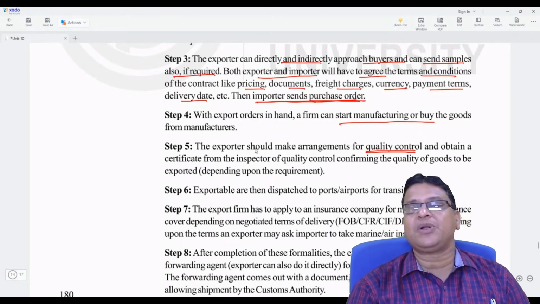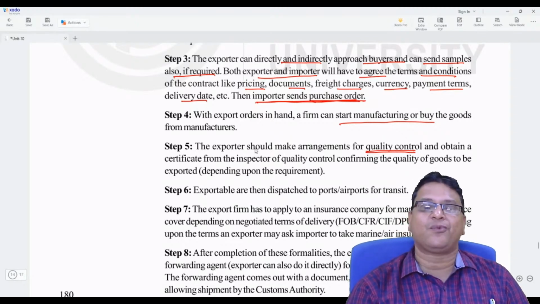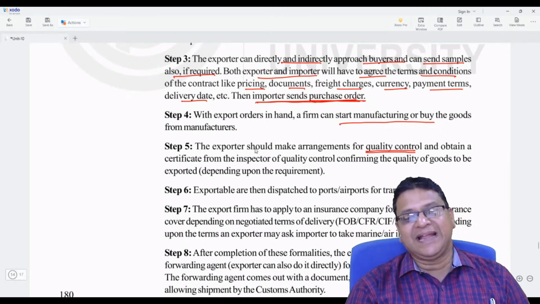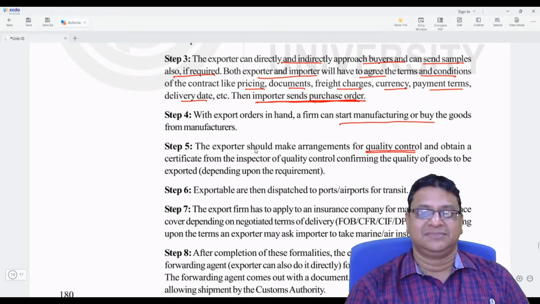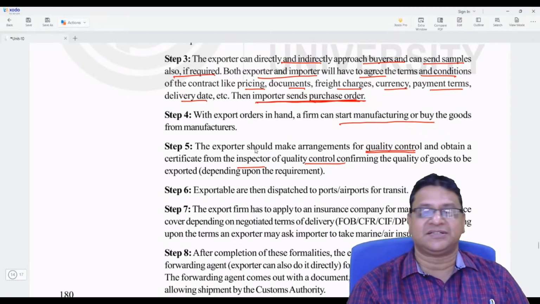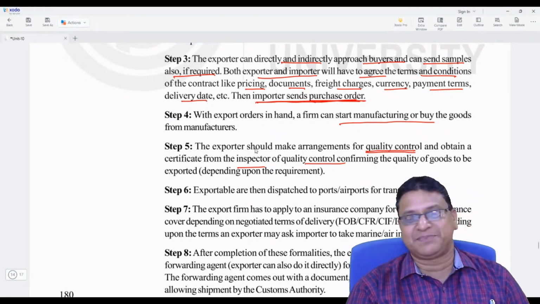Many goods are not accepted because they do not fulfill the required quality. So you have to check the quality before exporting and get a quality control certificate. There are inspectors who check the quality and supply quality control certificates. Without these certificates, the importer will not accept your goods.